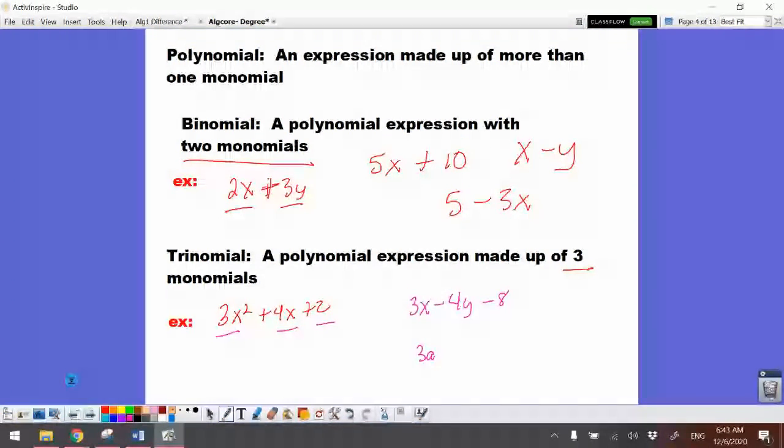Or I could even do 3ab squared plus 6abd minus 3zy. Those are also three completely different terms, okay? So monomial is 1, binomial is 2, trinomial is 3, and anything more than that is going to be labeled just with polynomial.